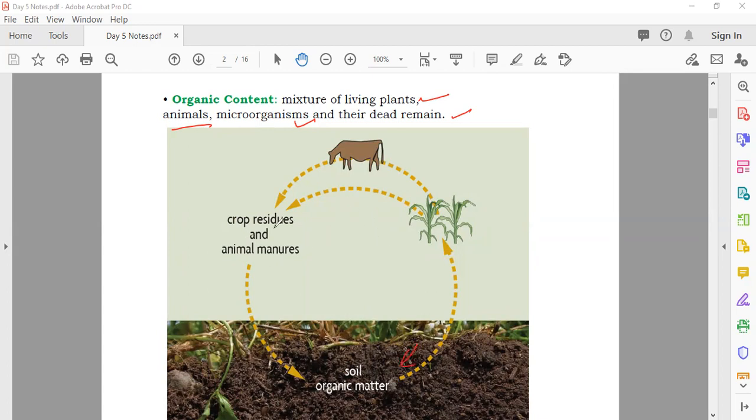Some animals, which can be bigger ones or microorganisms, also mix with the soil when they die. There are also microorganisms, and sometimes they are alive. Alive means you'd find some insects in the soil. Sometimes they are alive and sometimes they are dead. Dead remains means dead parts. So that is the meaning of organic content.